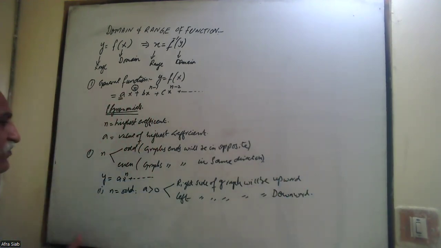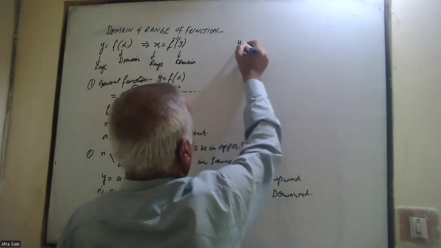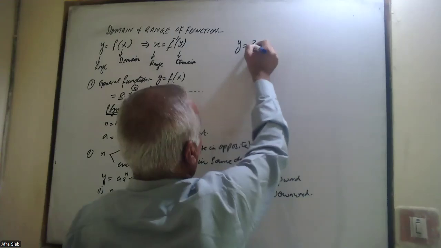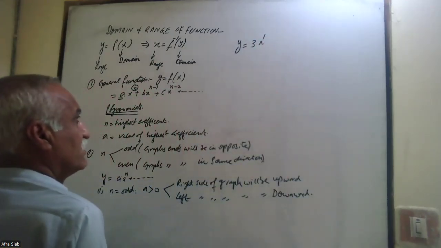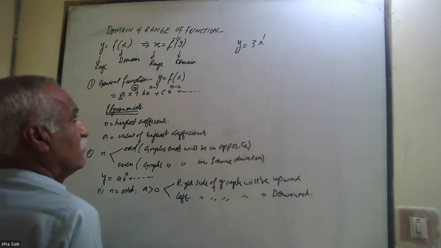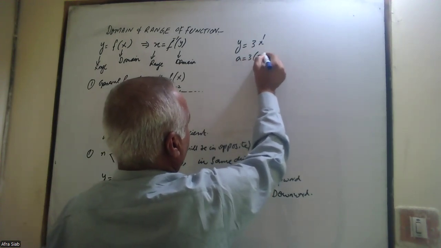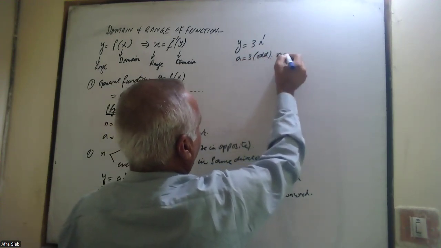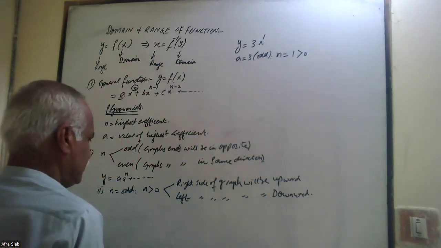Now, for this, we are taking this example. Let's say y is equal to 3x^1. So we have seen in this case that the a value is equal to 3, which is greater than 0, and the n value is equal to 1, which is an odd number.